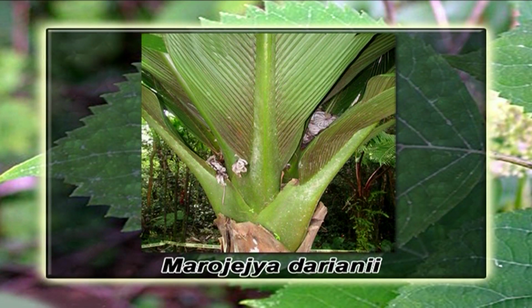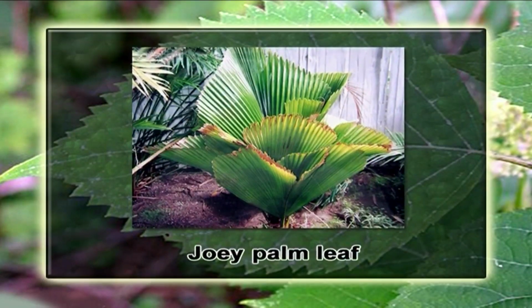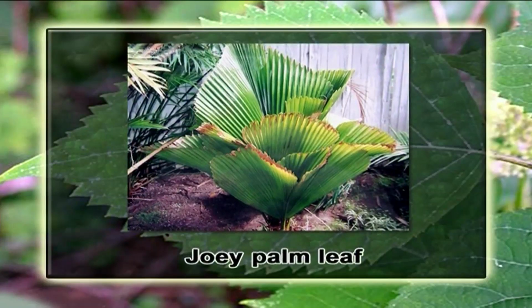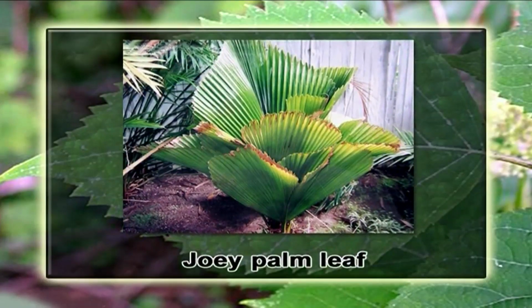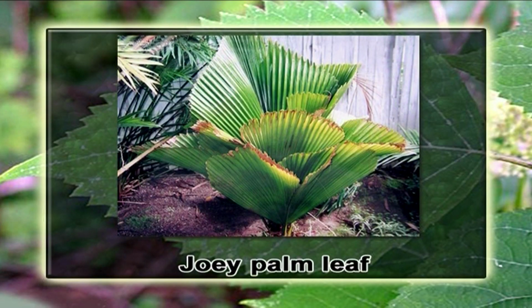Marojejia darianii is a palm native to Madagascar with a leaf up to 5 meters in length that's divided only once at the tip. And the geopalm, that is Johannesteijsmannia altifrons, a palm native to Thailand, has a leaf up to 4 meters long that is completely undivided.